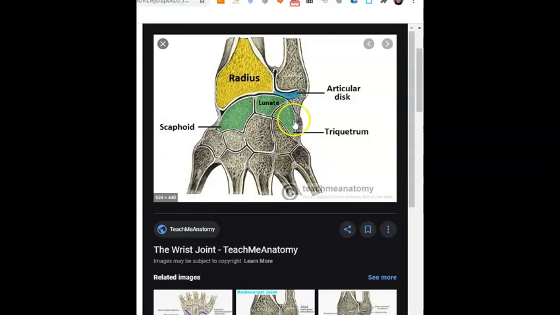But you can see here, the head of ulna itself tak articulate with the carpal bone, but ni articular disc in the wrist joint yang articulate with the carpal bone.